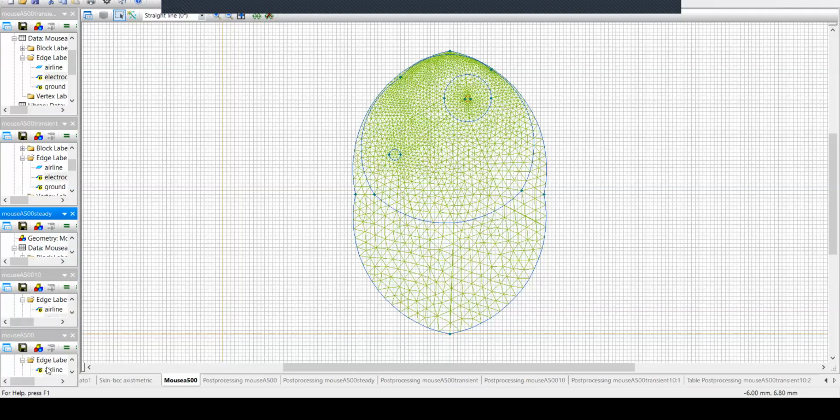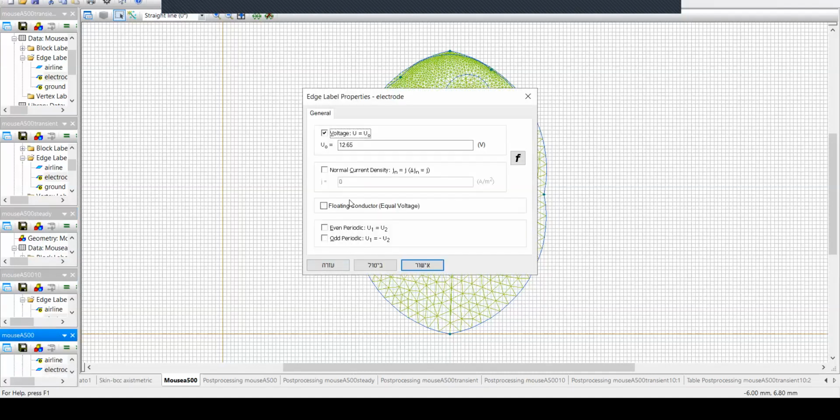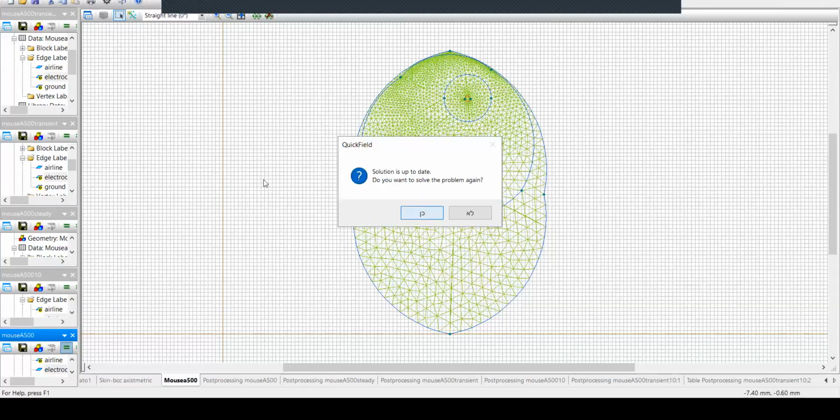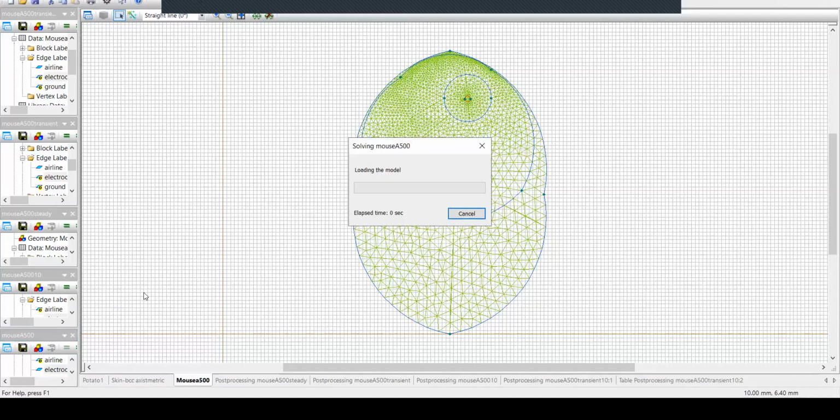So we use the VRMS calculated value, in this case 12.65 volt. And let's solve. It's loading the model.